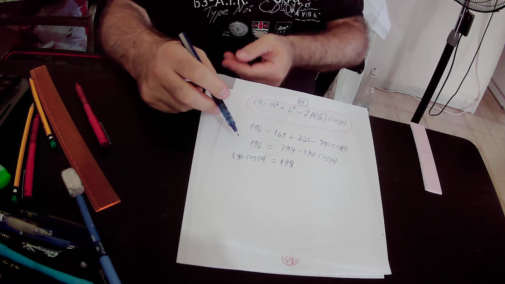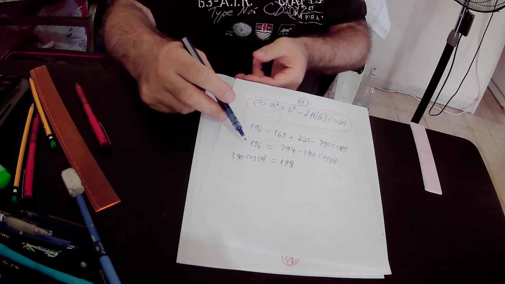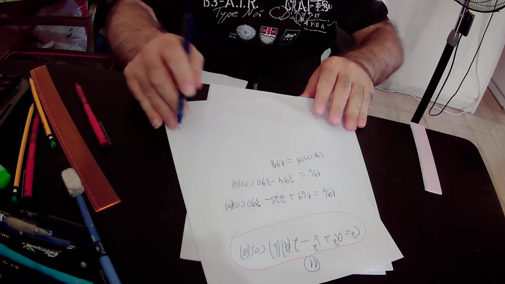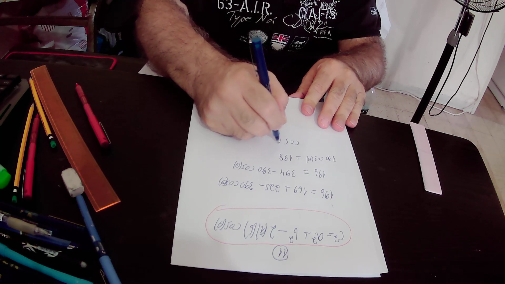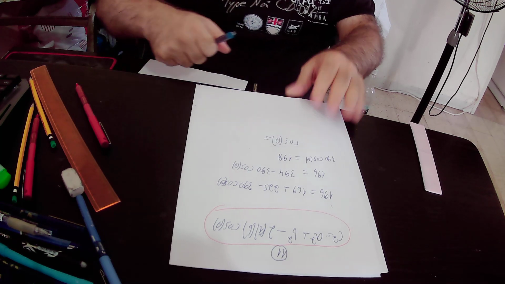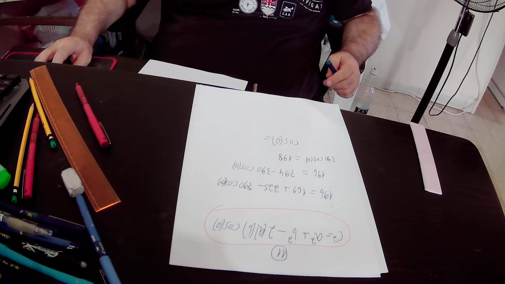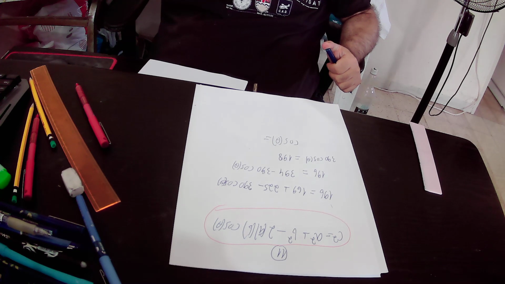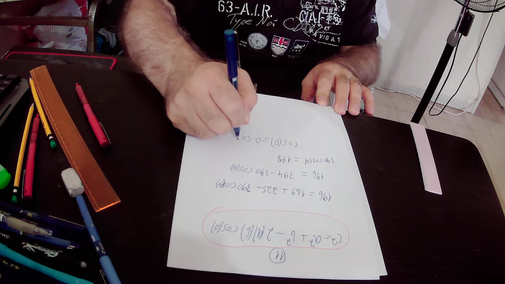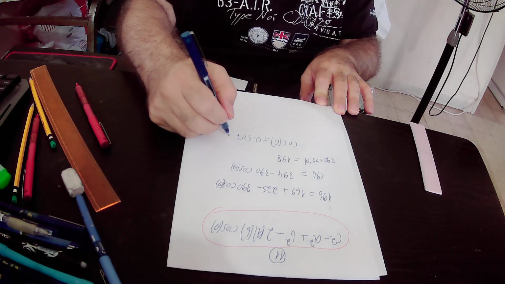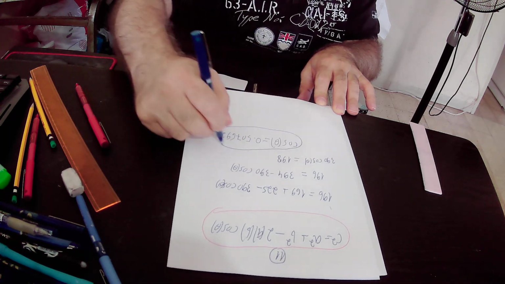Here we will divide by 390 to get the value of cosine theta, which equals 0.507692. Okay, we found the value of cosine theta.